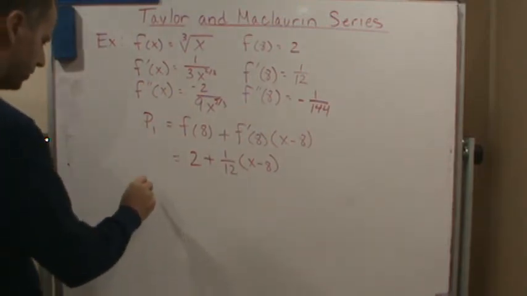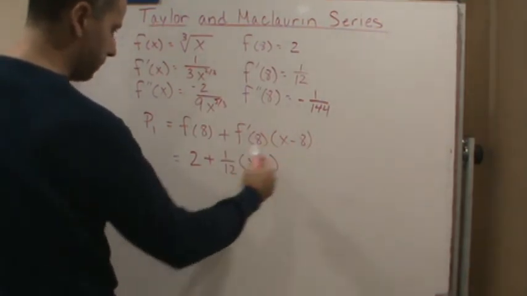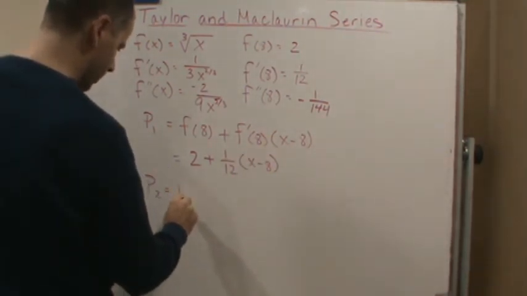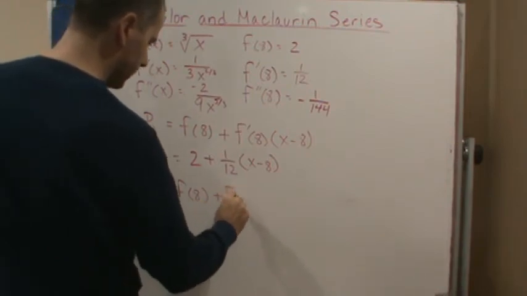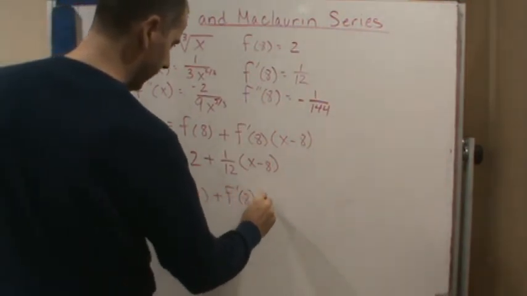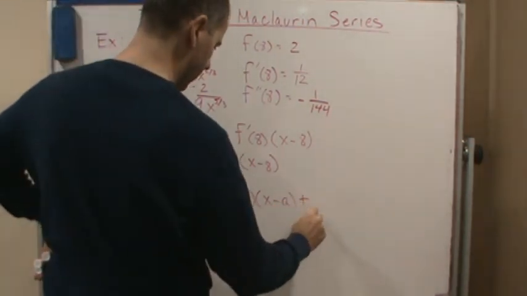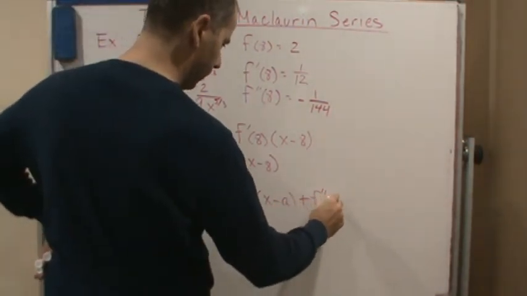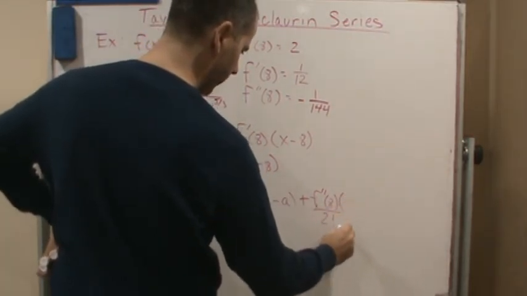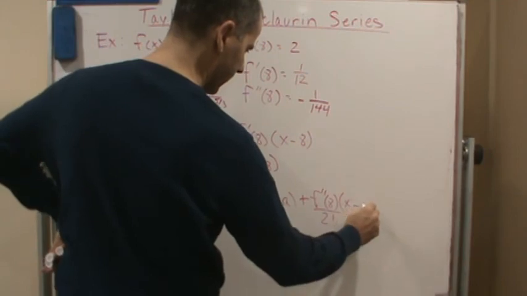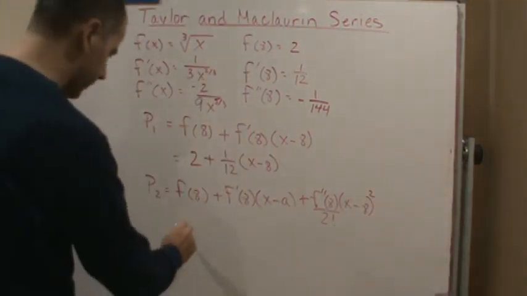And then P2 is just going to be this plus one more term. So it's going to be f of 8 plus f prime of 8 times x minus 8 plus f double prime of 8 over 2 factorial times x minus 8 squared. So what does this give us?